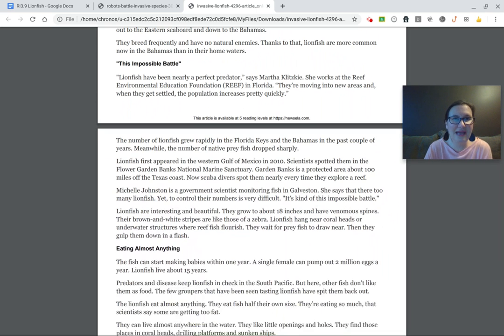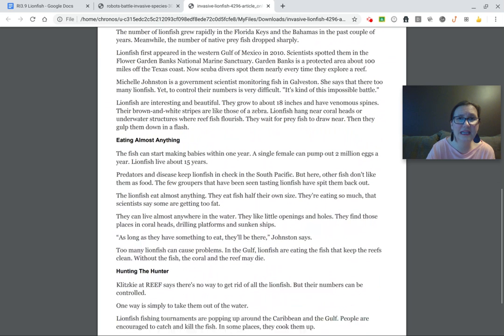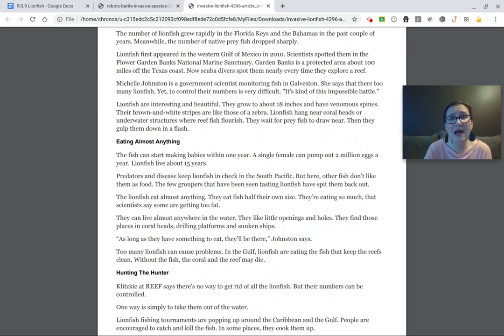This impossible battle. Lionfish have been nearly a perfect predator, says Martha Klitsky. She works at the Reef Environmental Education Foundation, or REEF, in Florida. They're moving into new areas, and when they get settled, the population increases pretty quickly. The number of lionfish grew rapidly in the Florida Keys and the Bahamas in the past couple of years.